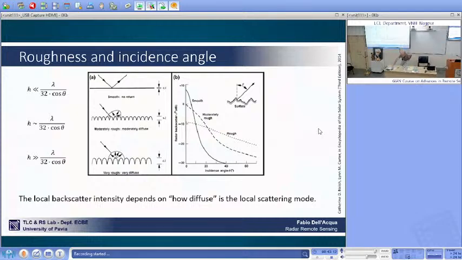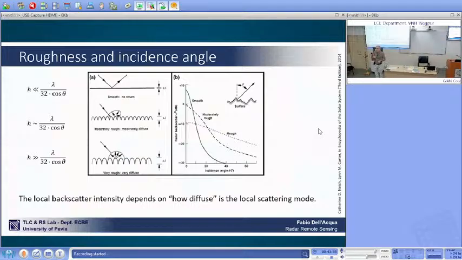Very smooth: mirror reflection. Medium smooth: some mirror reflection, some scattering in different directions. When you have a very rough surface, then the diffusion becomes almost total. You cannot even tell from where the wave came in.